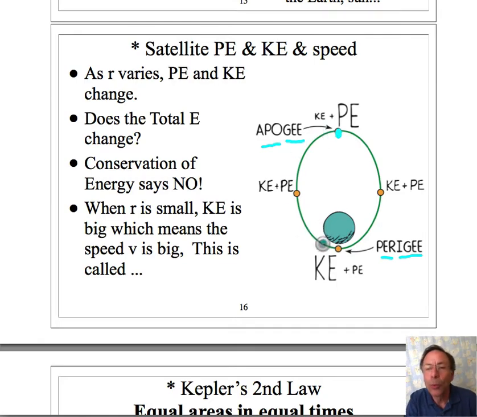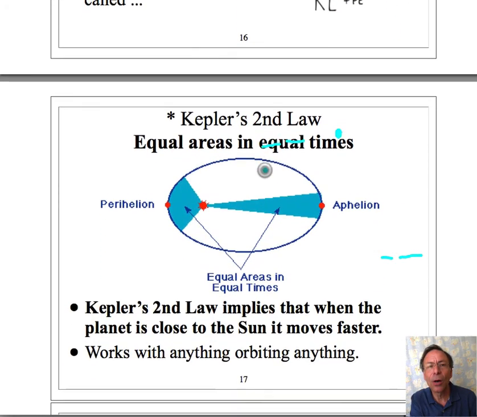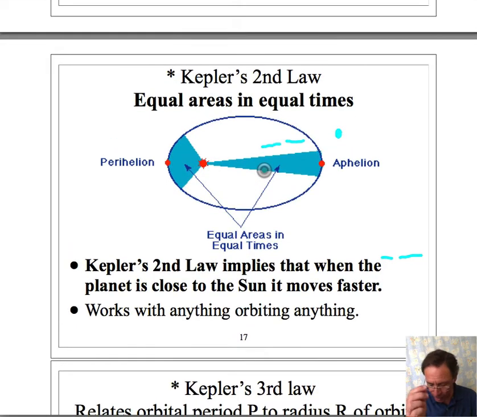Now, Kepler, to be honest, I don't think Kepler knew any physics. He was a mathematician and a geometry kind of guy. But he figured this out. He didn't figure out the energy part of it, but he figured out that satellites, planets, and so on, when they're far from the thing that they're orbiting, they're going slowly. When they're close to the thing that they're orbiting, they go faster. And that is called Kepler's Second Law.